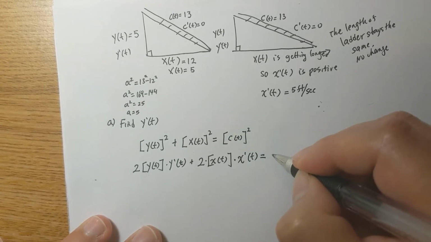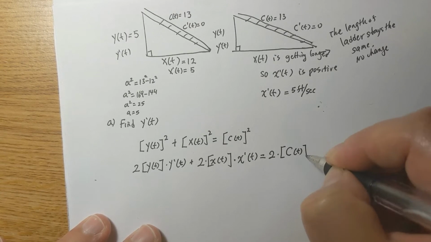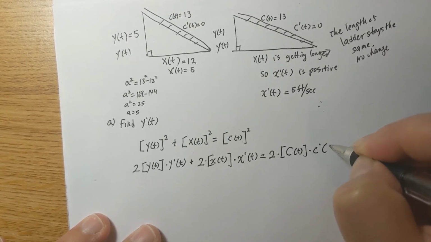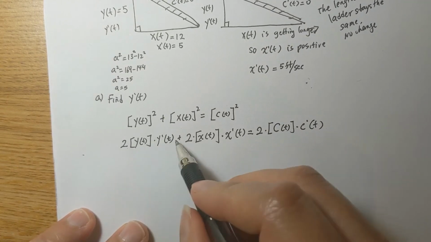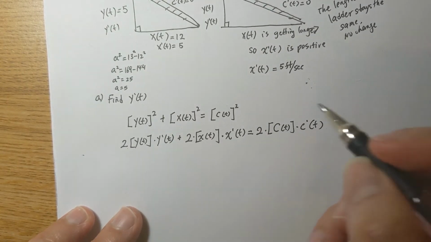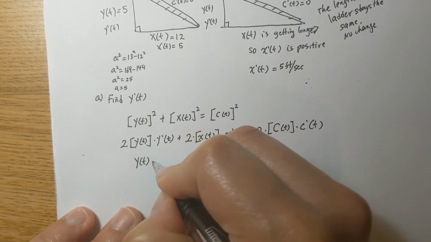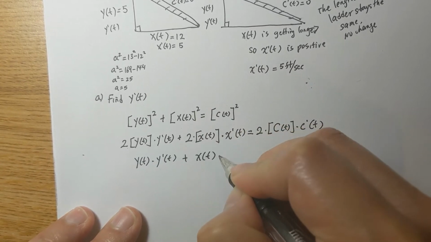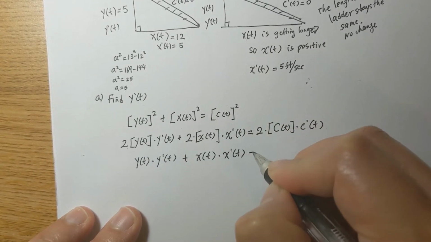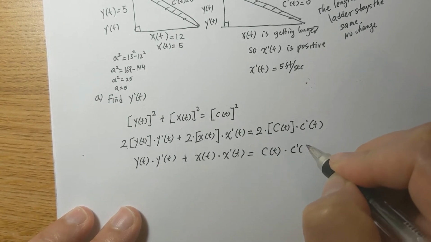And do the same thing here with 2: c of t times c prime of t. Now they all have 2 in common, so divide by 2. So you have y of t times y prime of t, plus x of t times x prime of t, equal to c of t times c prime of t.